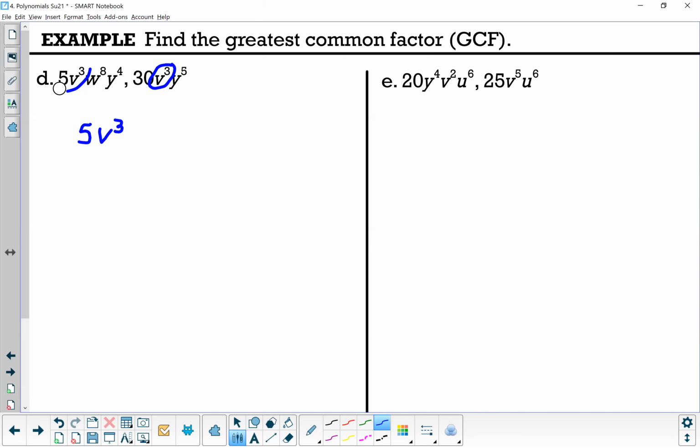Next, let's look at w. The first term has w as a factor, but the second term does not, so that's not part of the GCF. And now we'll look at y to the 4th and y to the 5th. So again, take the lowest exponent. So we have y to the fourth in our GCF.